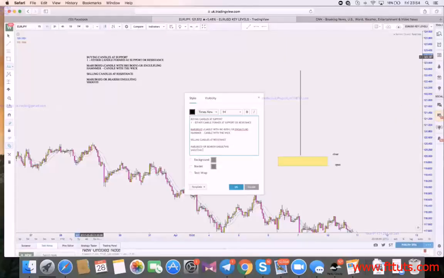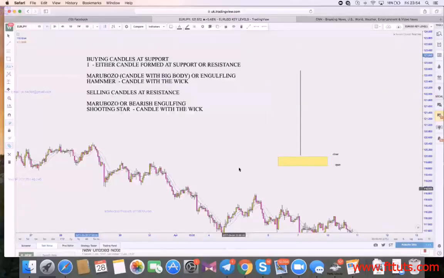And shooting star, guys. A candle with a wick. You guys understand this? I'm keeping it extremely simple for you guys. The reason is we don't have time in this scalping. When you're scalping, you don't have enough time to go through all those patterns. I only want you to focus on these candlesticks, and that is precisely it.